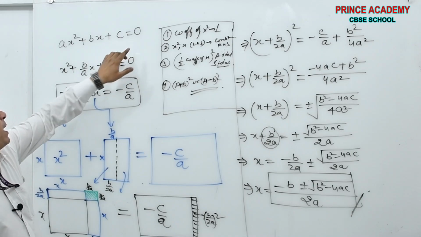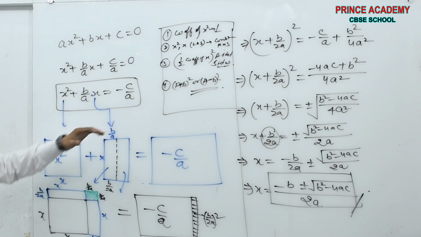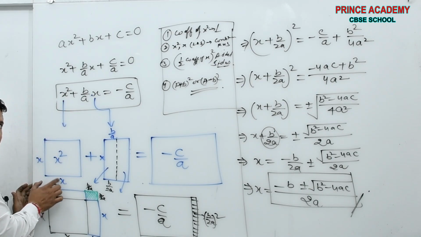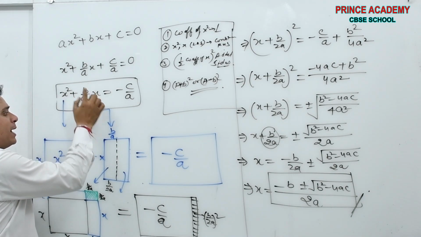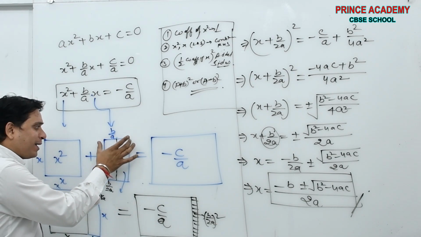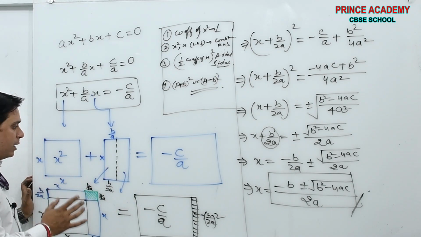Now see. When we divided it by a, we got this. Shifting this toward this, we got this. We treated this like a square of side x, and this as a rectangle of sides x and b by a. Then we broke this b by a rectangle into 2 equal parts.